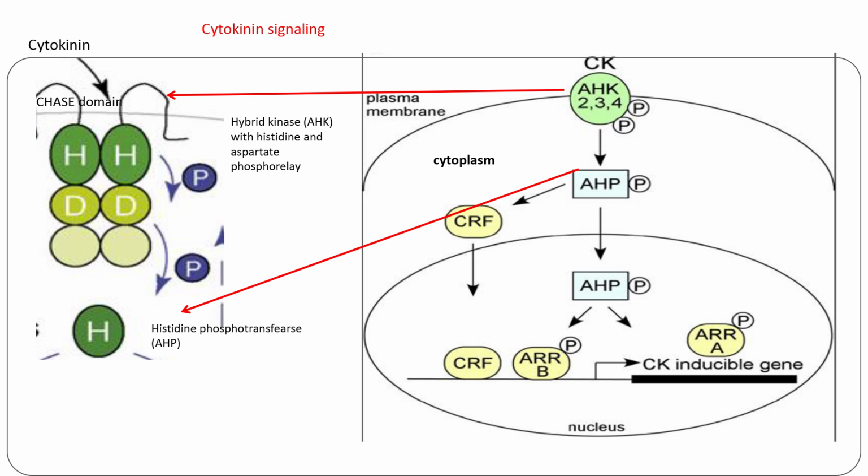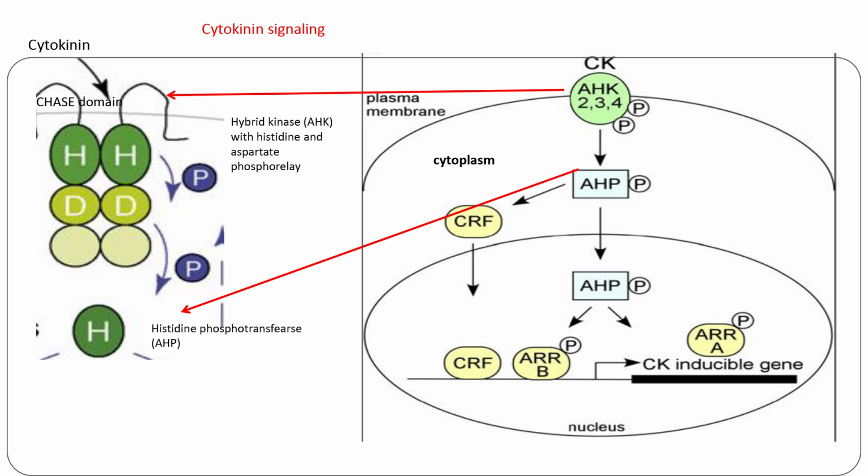Phosphorylated AHP then moves to the nucleus and transfers the phosphate group to either type B response regulators or type A response regulators. Phosphorylated type B ARRs are positive regulators of the cytokinin response and bind to the promoters of cytokinin response genes, leading to their transcription.